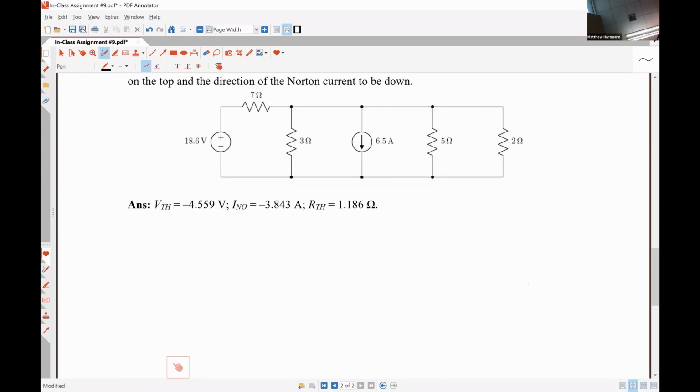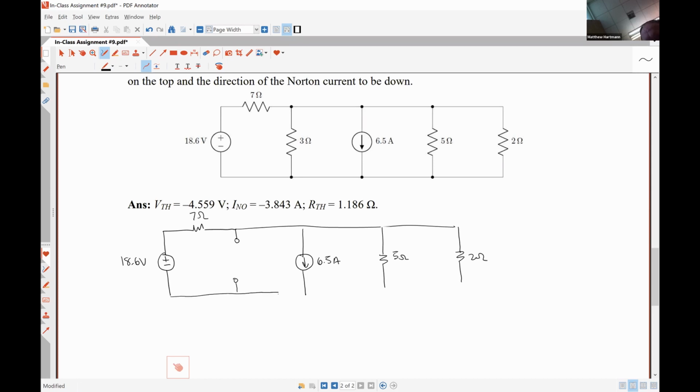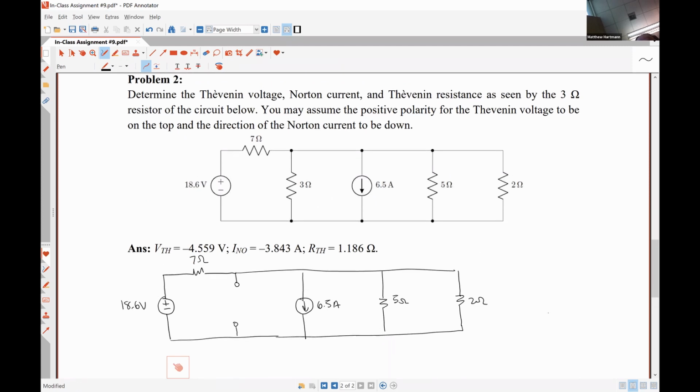So for our Thevenin voltage, we are going to be looking at this circuit. And we're told specifically that the positive polarity for the Thevenin voltage is on top.